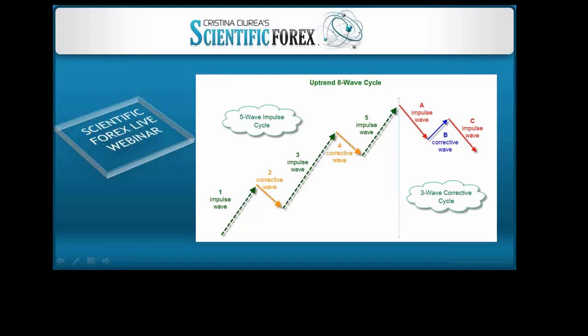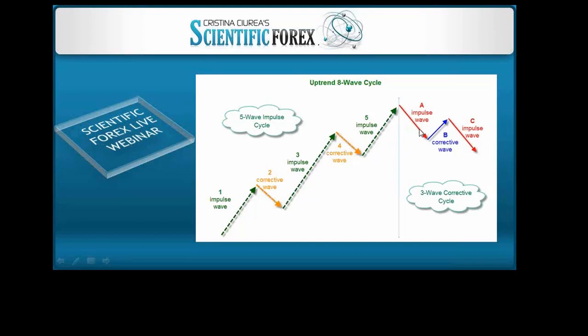So, according to the theory, the market has cycles, and those cycles are composed of one impulse and one corrective phase. For the impulse, we have 5 waves: the first is an impulse wave, the second is corrective, the third is also an impulse wave, the fourth is corrective, and the fifth, which is the weakest, is also an impulse wave.